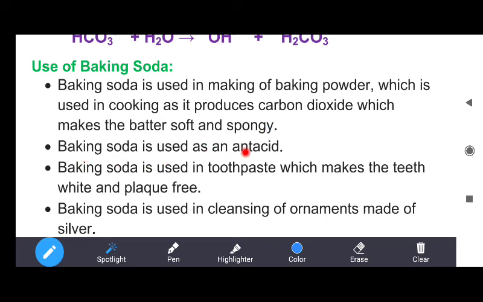Baking soda is used as an antacid. It is also used for making many food materials like chole bhature.